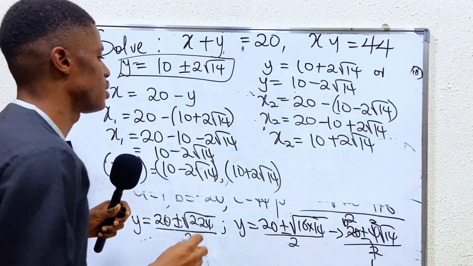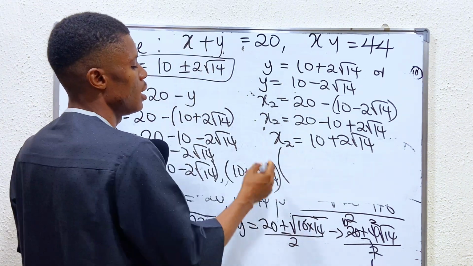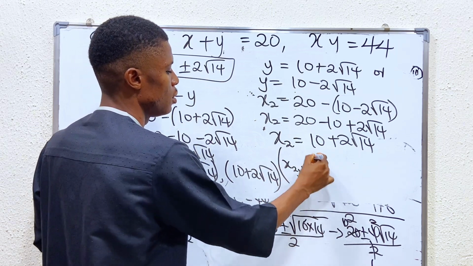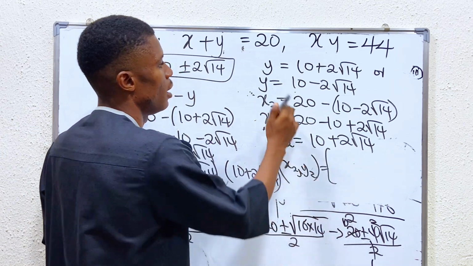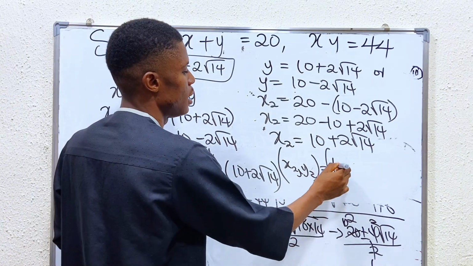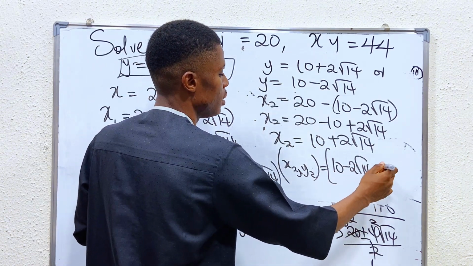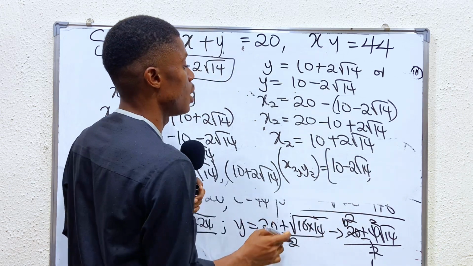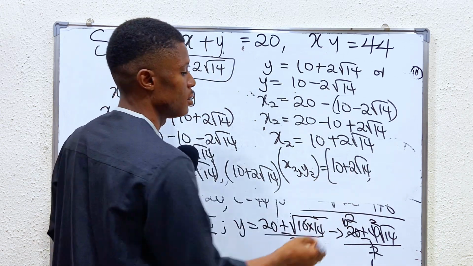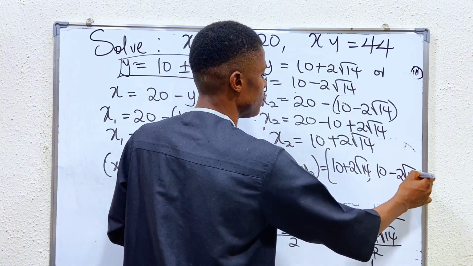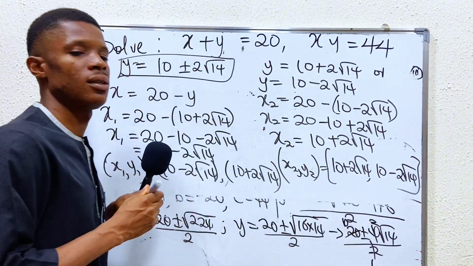So these are the two possible values of x. So x2 is 10 plus 2 root 14, and y2 is 10 minus 2 root 14. And that's the answer. Okay?